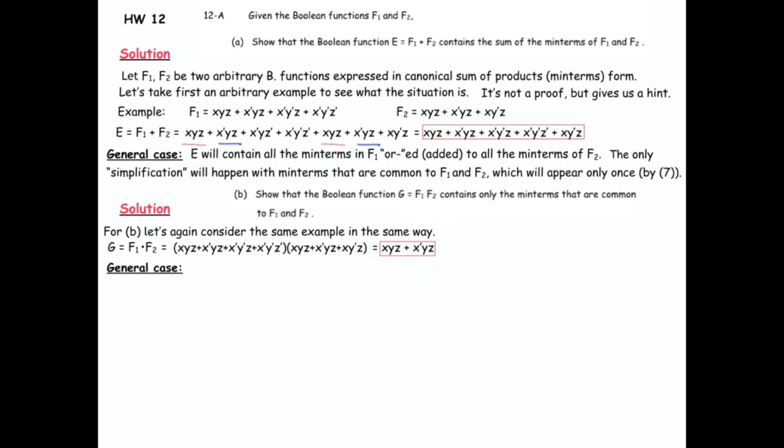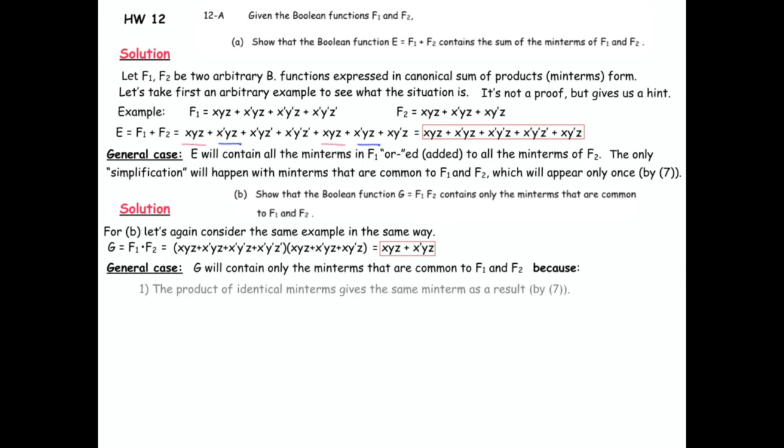If we express it as a general rule, we'll say that G will contain only the minterms that are common to F1 and F2, because there are two parts. First, the product of identical minterms gives you the same minterm as a result: xyz by xyz is xyz.